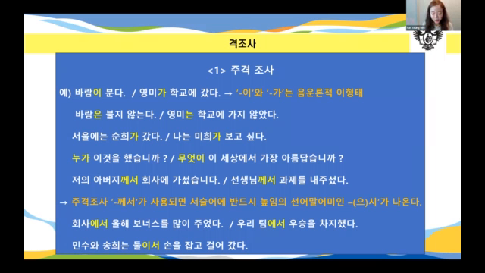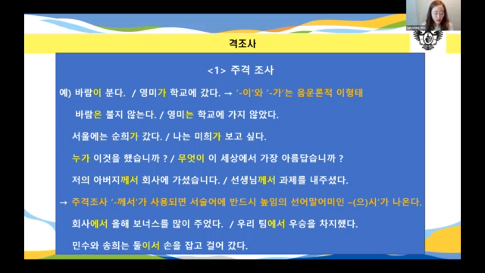The example sentence written in the third line, 서울에는 순이가 갔다. 순이가 is the expression pointing out a specific object. In the same way, in 나는 미희가 보고 싶다, 미희가 is also pointing out a specific object. Okay?